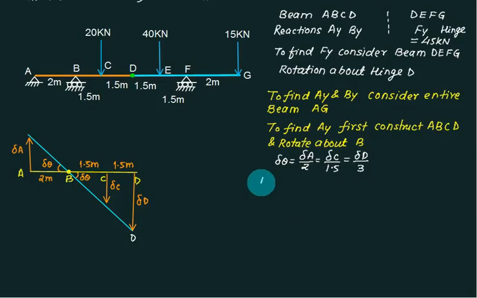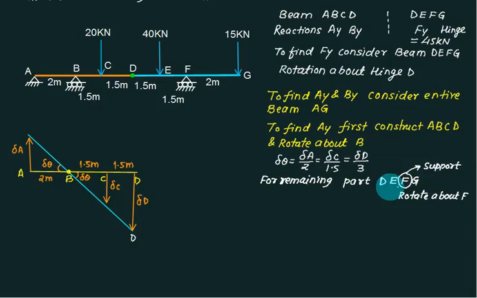For the remaining part, D, E, F, G, where is the support? Near F. Rotation is always permitted about the support. Support of the second part is at F. So rotate about F. First of all, I will draw this dotted line here.